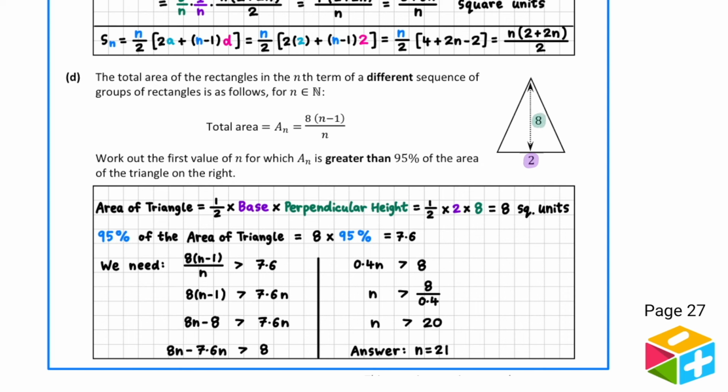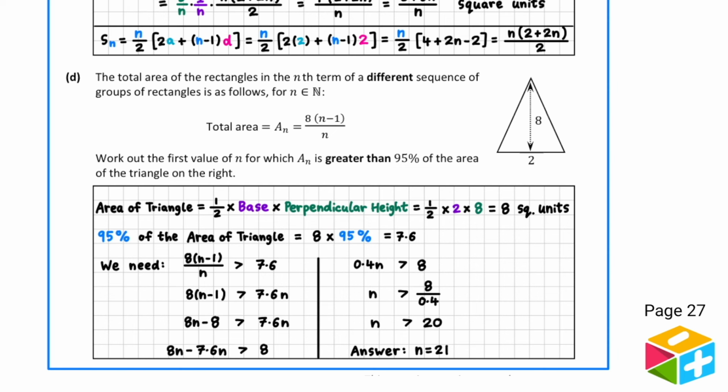So the area is a half times 2 times 8, which comes out as 8 square units. 95% of this area would be 8 times 95%, which is 7.6. We want to have an greater than 95% of the area, which means that we'll need an greater than 7.6.